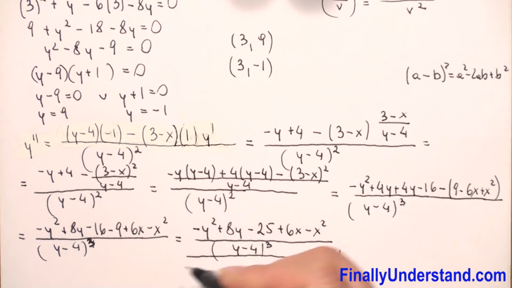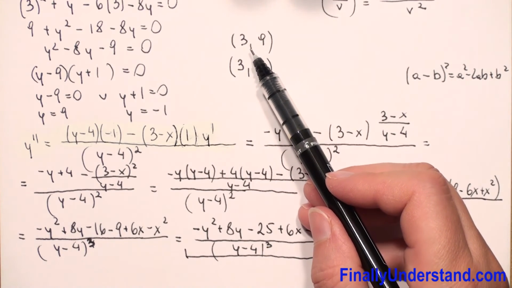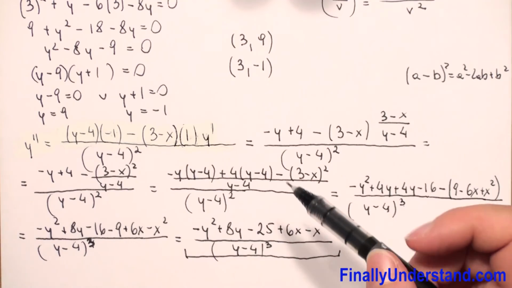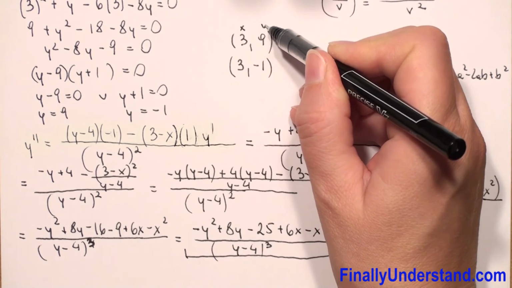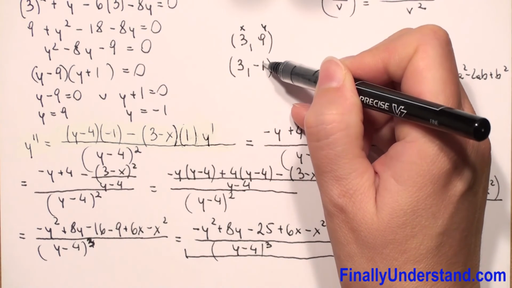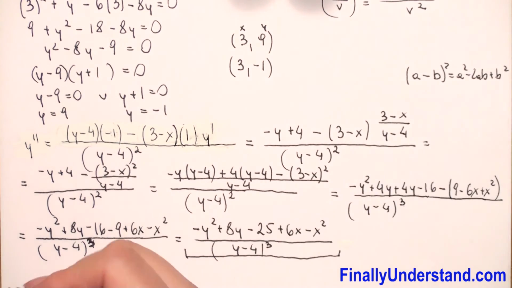Now we have to find the value of the second derivative for our points of zero slope. So we have to replace x by 3 and y by 9 first, and the next point will be with y = -1.